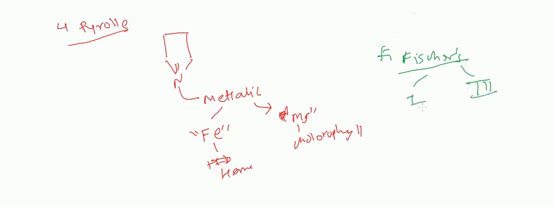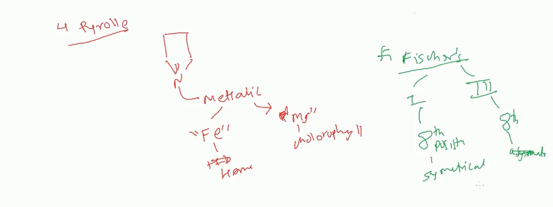In type 1 compounds, at the 8th position of the porphyrin compound, it is symmetrical, and in the type 3 compounds, the 8th position of the compound is asymmetrical. So that is the difference between type 1 compounds and type 3 compounds according to Fischer's model.